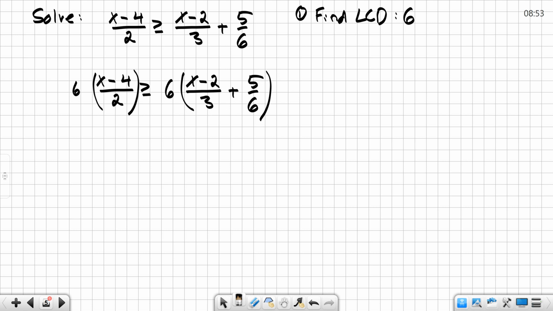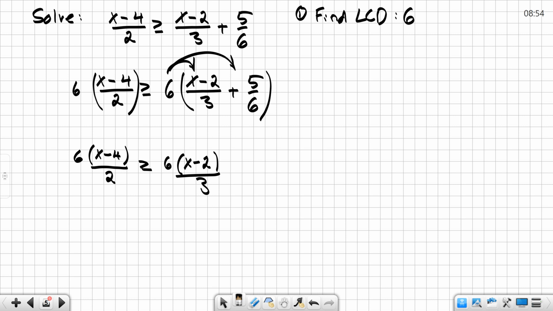Everything gets multiplied by 6. So maybe let's write this down one more time. 6 times x minus 4 divided by 2 is greater than or equal to, distributive property, 6 times x minus 2 divided by 3 plus 6 times 5 over 6.